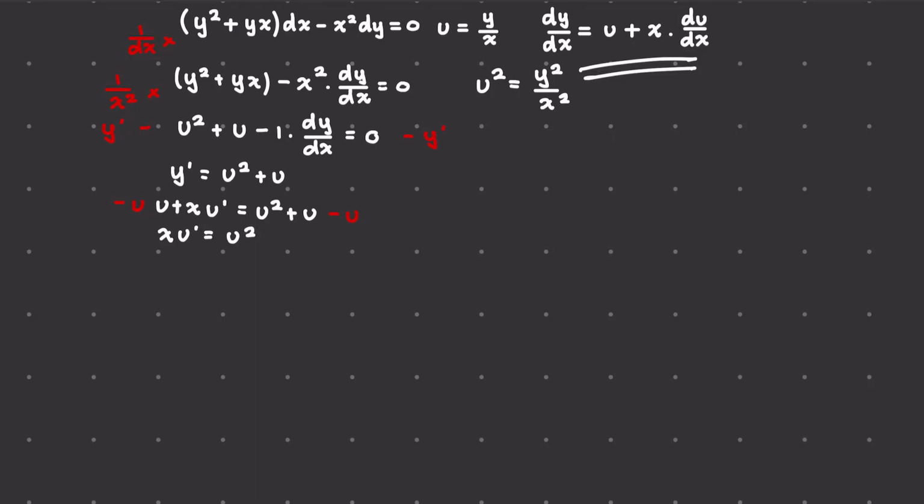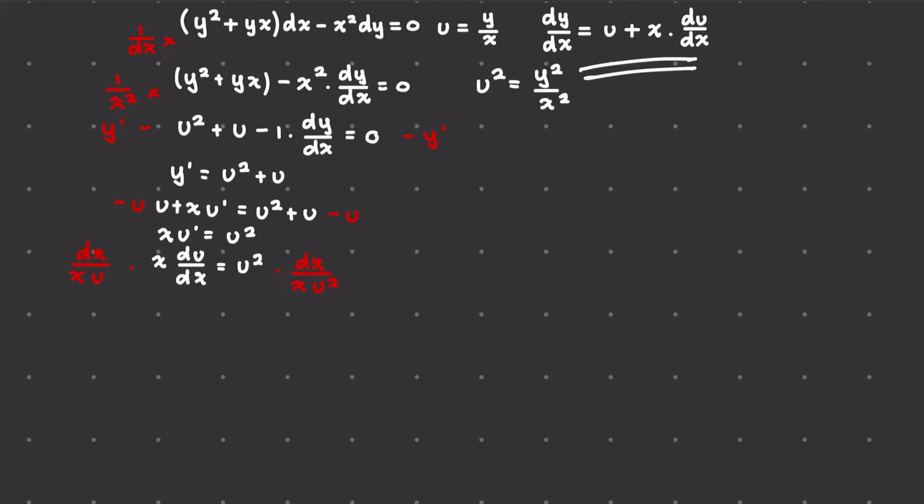And from here on, we know that we can simply use the separable technique that we've been using. And so x times du over dx, I like to rewrite it like this so you can see more clearly the algebraic process, equals u squared. And so let's multiply both sides by dx over x times u squared.